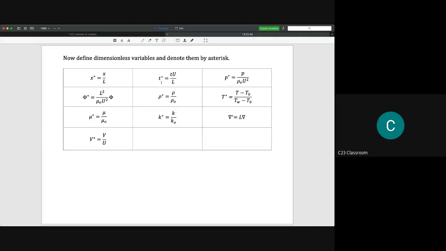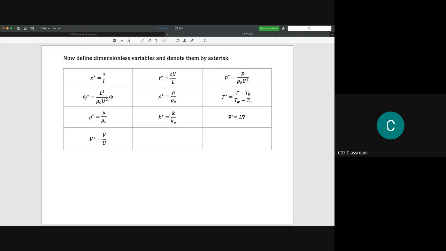And then we have time star is equal to time over L over U. U is velocity. If you check the dimension here, U is meter per second, so the second will cancel the T here, and the meter from the U will be cancelled with the length here. So we have t star equal to tU over L, and also the pressure here.